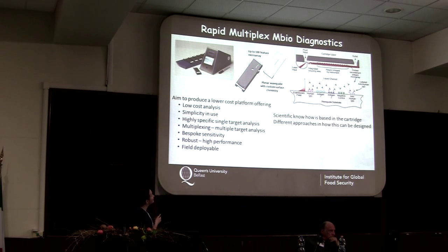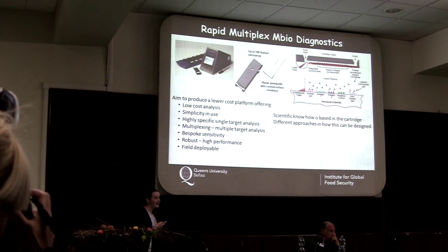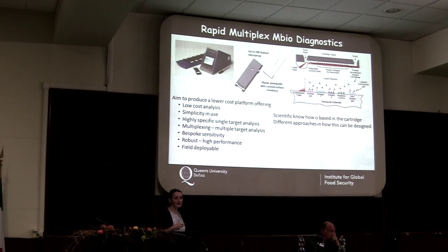So the know-how is in this cartridge. So we're looking for low cost, simplicity in use. So really, we want everything hidden in here, almost like a black box to the end user, that they only have to know how to read their data at the end.